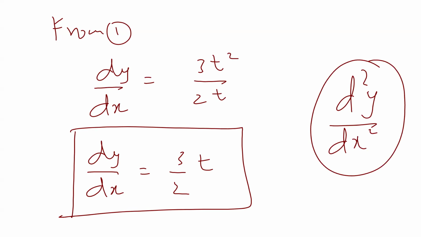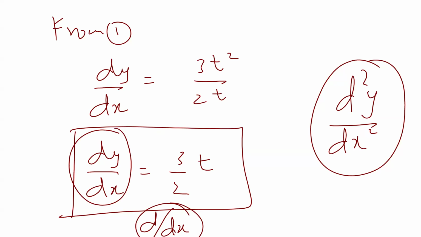So differentiate this with respect to x once again. d by dx of dy by dx is d square y by dx square, is equal to d by dx of 3t by 2.